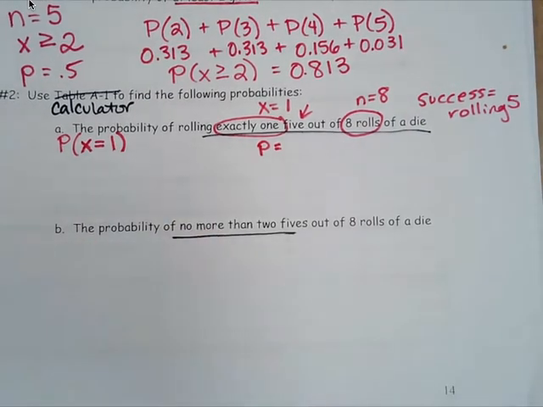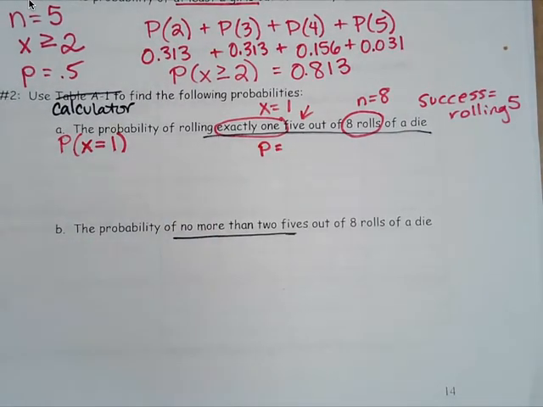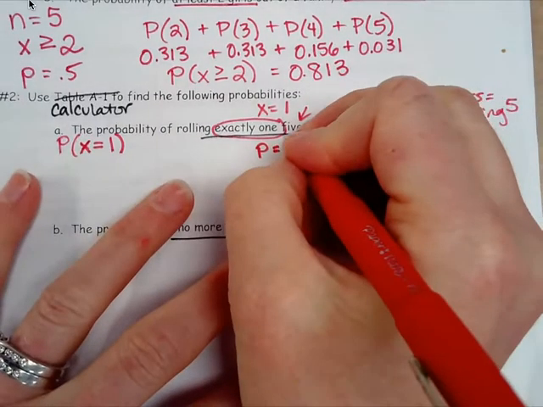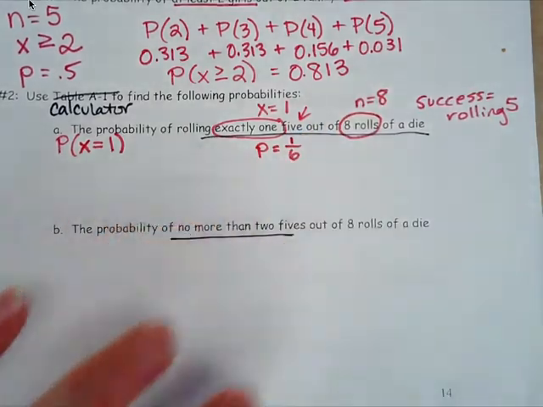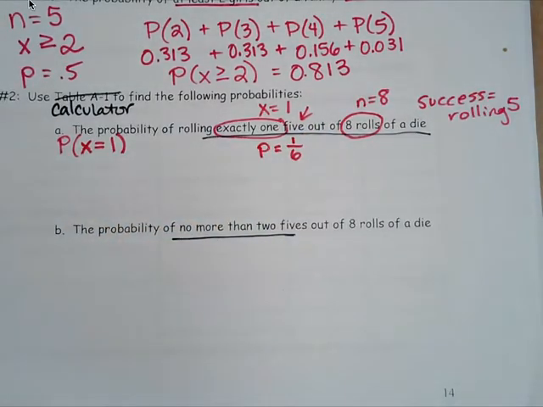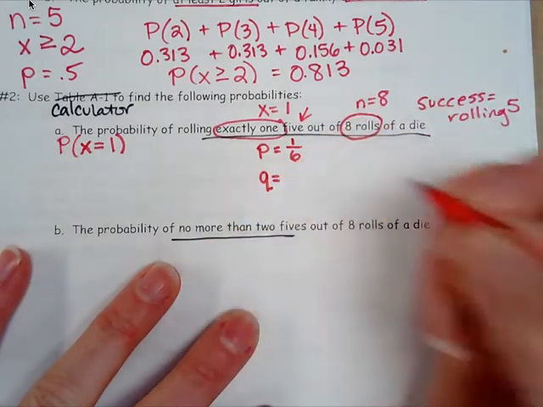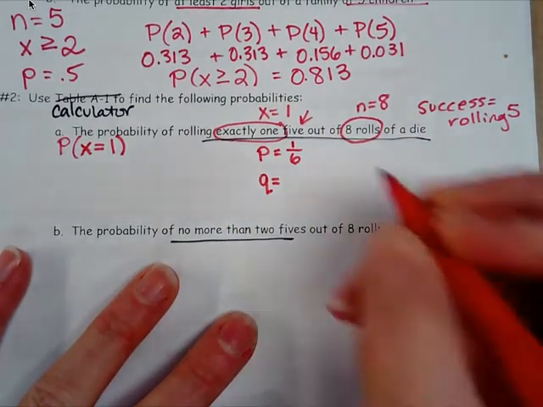So failure is everything else. So we have a dice. What's the probability of getting a 5 on a dice, theoretically? 1 out of 6. 1 out of 6, that's it, exactly. What's the Q? Probability of not rolling a 5.